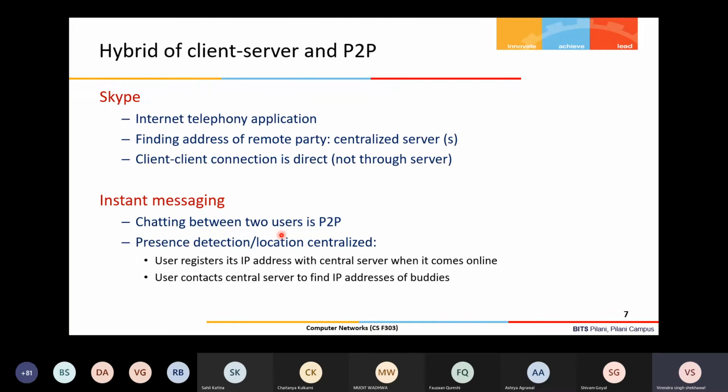From there this information comes, and after that the clients communicate directly. So one central part exists in these types of applications, and the rest of the communication happens on a client-to-client basis. This architecture has the benefit of client-server architecture, and also the benefit of peer-to-peer architecture.